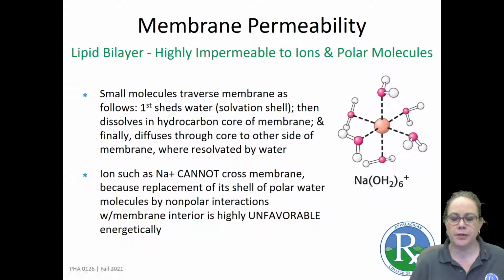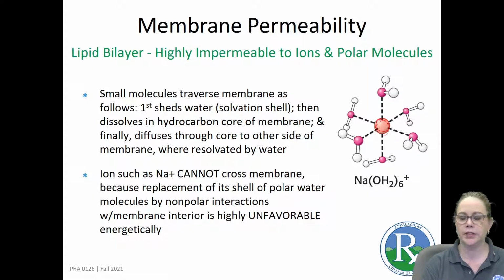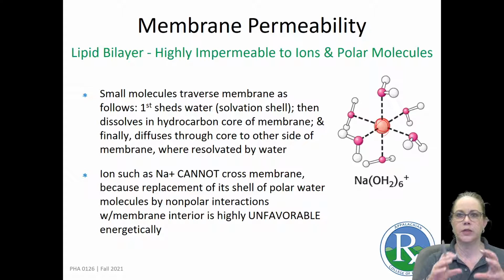When we talk about the way that small molecules cross the membrane, just as a reminder, everything is usually well solvated or dissolved in water. So in this example, we'll look at a sodium that's solvated. There are 6 water molecules tightly associated with it. For this sodium to cross the membrane, it's got to shed those water molecules. It's not going to go across as the hydrate; it's going to go across as just an individual sodium.